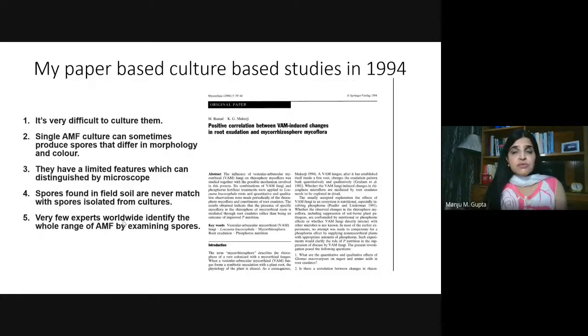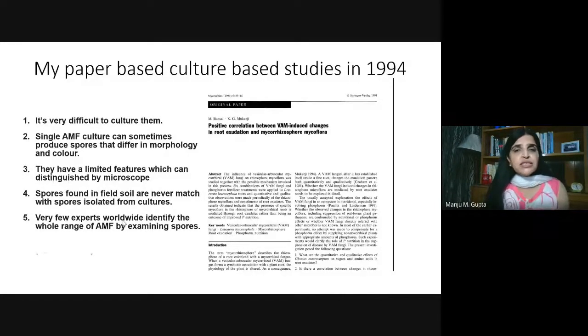Because I was working on the mycorrhizosphere and could not identify them, I just had to do the quantitative study. But what I observed is that there's a positive correlation. Whatever AMF is inducing in the rhizosphere is mediated through root exudation, and it correlated with the other fungi present in the mycorrhizosphere.